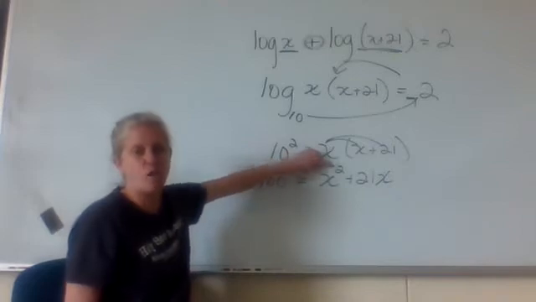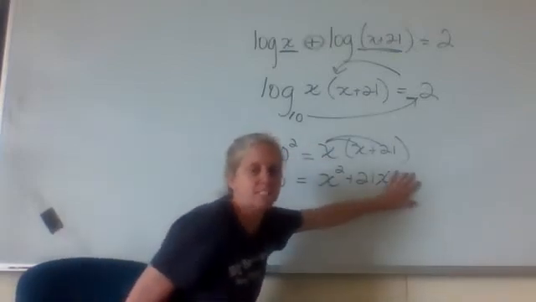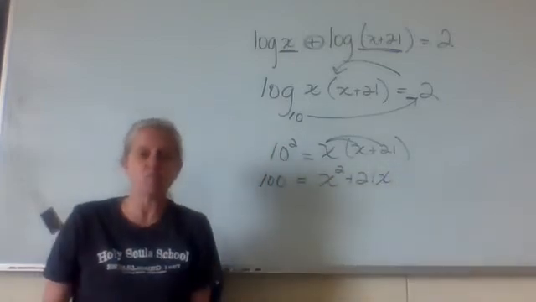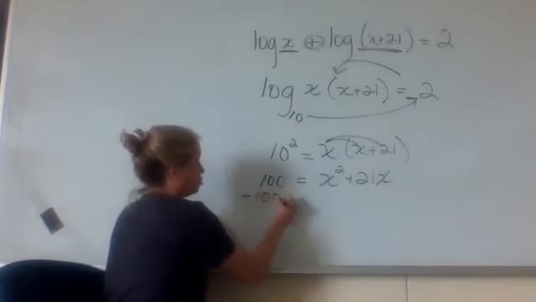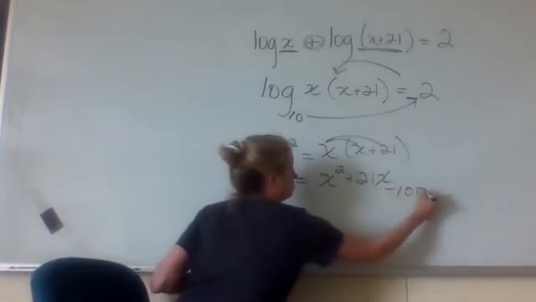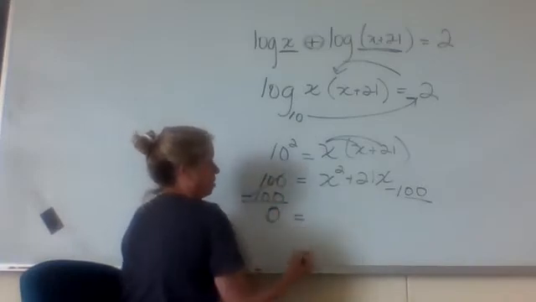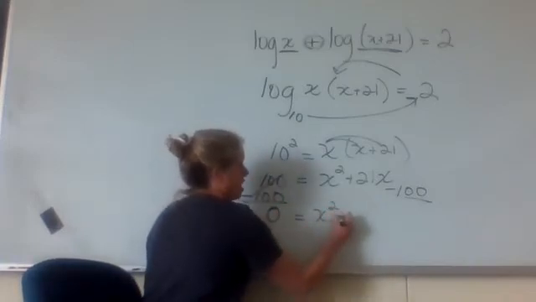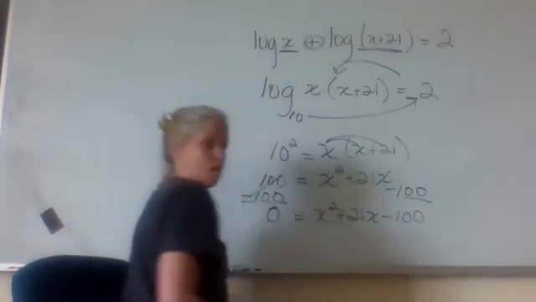Since it's x squared, when you're quadratic, you want all the terms on one side. Then I can go to my quad program and punch in my A, B, and C. So I need to subtract the 100. So now I have 0 equals x squared plus 21x minus 100.